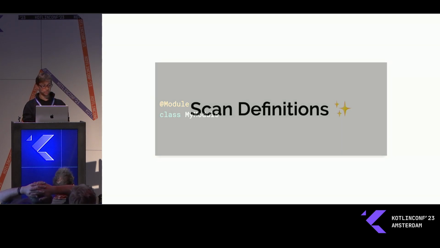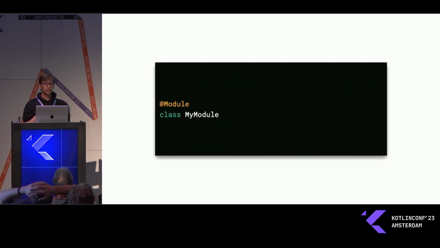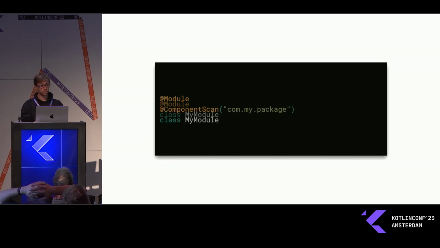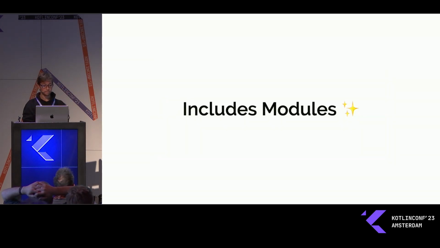Okay, super simple. Then the idea for Koin, instead of having class path scanning or another kind of scanning, is to say, Koin, scan this entire package, and then you will have all the definitions bound to this module. And then you can have several modules, just bind the package name and then scan for this, and then all your definitions will be tied in your module directly.